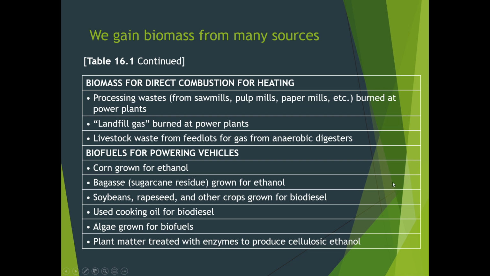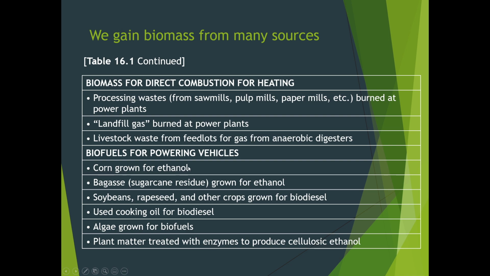Biofuels for powering vehicles. And this is probably the most popular thing for a biofuel or for bioenergy. And that's why I always use biofuels as a term. I could say biogas, and it's all the same, but biofuels are for powering our vehicles. And here in the United States, we primarily grow corn for ethanol.